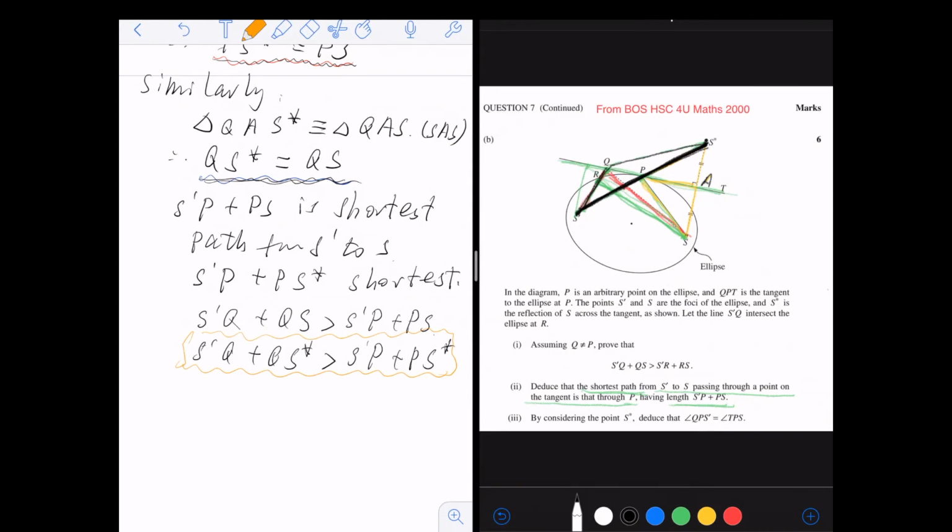So this distance is the shortest distance, and the shortest distance means a straight line. So from here we can say therefore S dash P S star is a straight line.